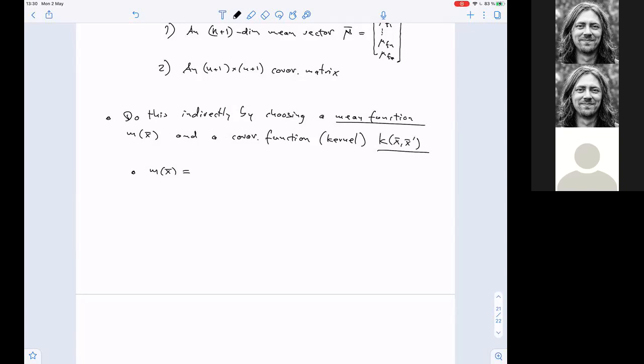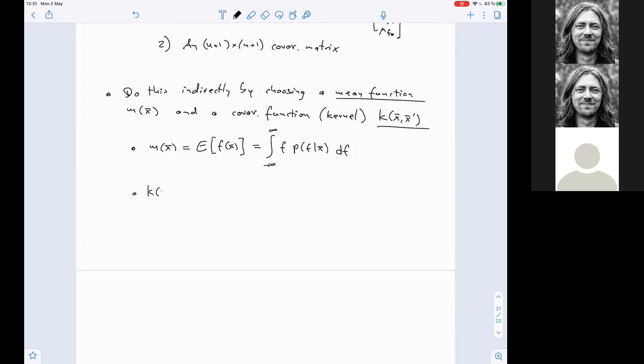So that means that m of x is the expectation value for this function value f of x, which means that, of course, since it's an expectation value, it's f times a probability distribution for f of x, df, integrated over all possible f values.